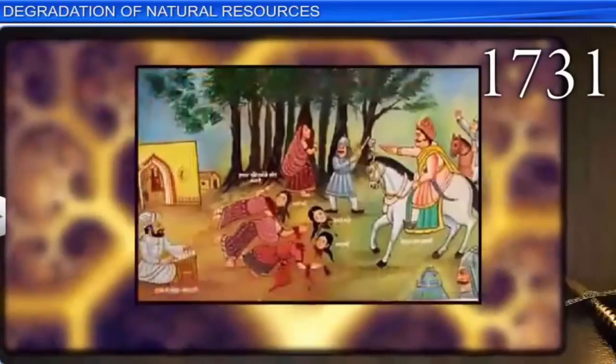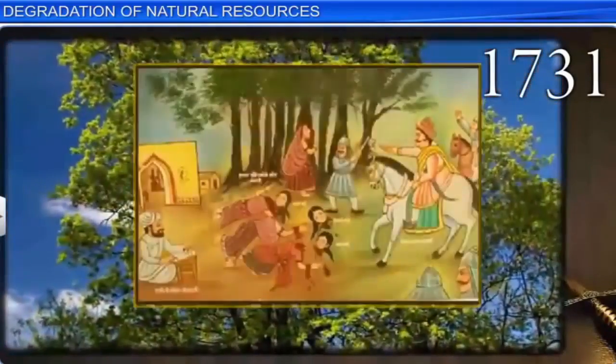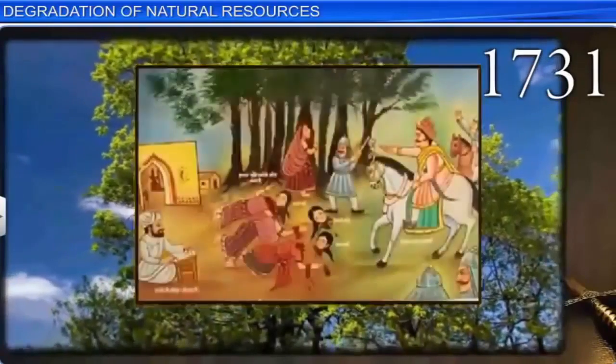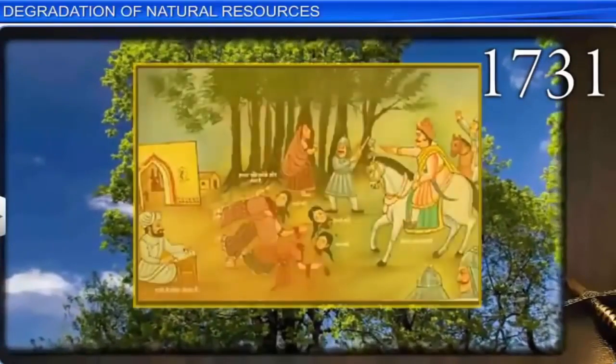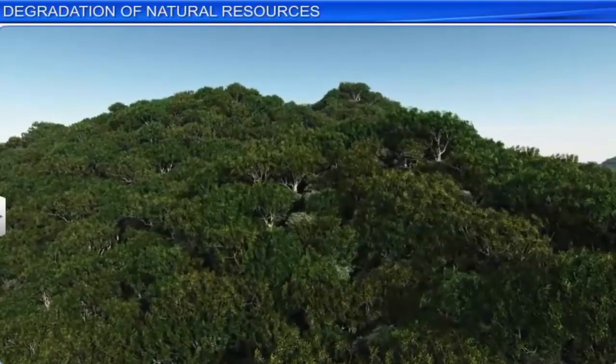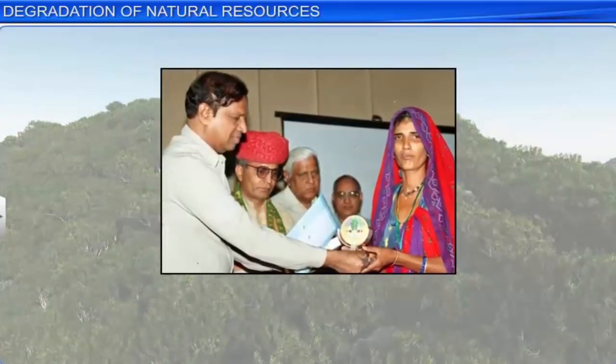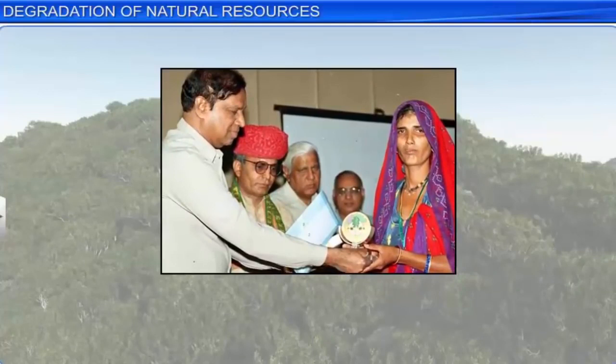Sadly, her 3 daughters and hundreds of other Bishnois followed her, sacrificing their lives to save trees. The Government of India recently instituted the Amrita Devi Bishnoi Wildlife Protection Award for individuals and communities from rural areas who show extraordinary courage and dedication in protecting wildlife.